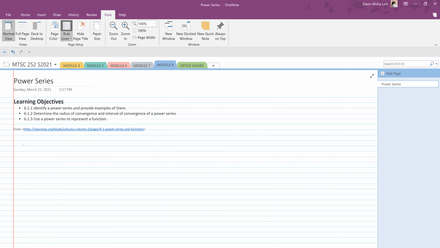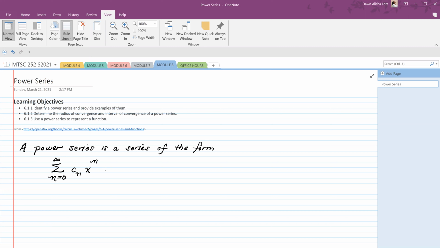Okay, so a power series is a series of the form summation n equals 0 to infinity of C sub n x to the n.